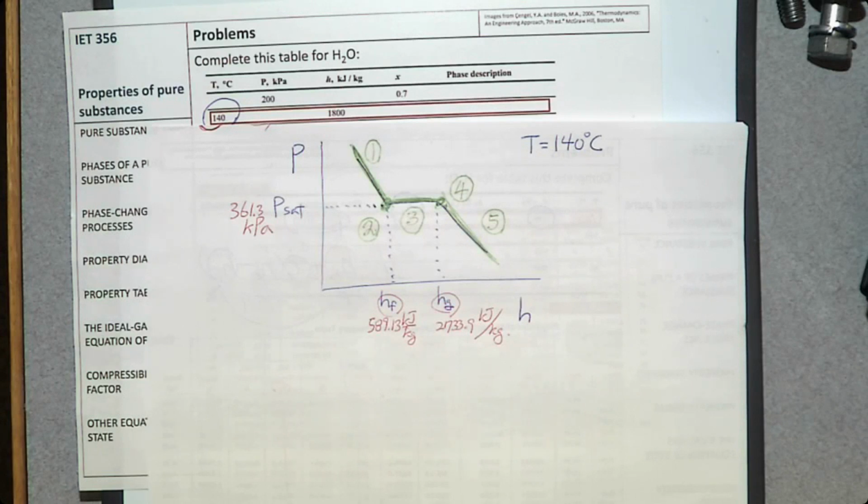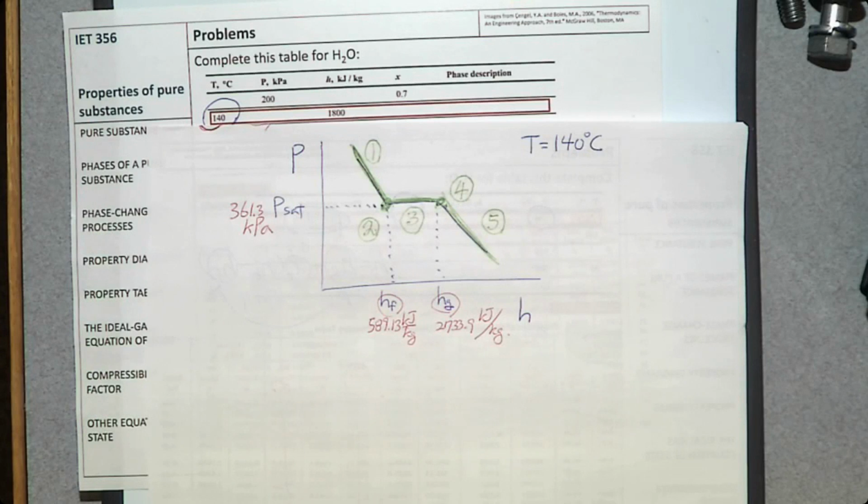So where is H? 1800 is H. On this pH diagram, H is this horizontal axis. So where is 1800? HF is 589, HG is 2700. So 1800 should be between these two. So between these two, what is the phase change process?